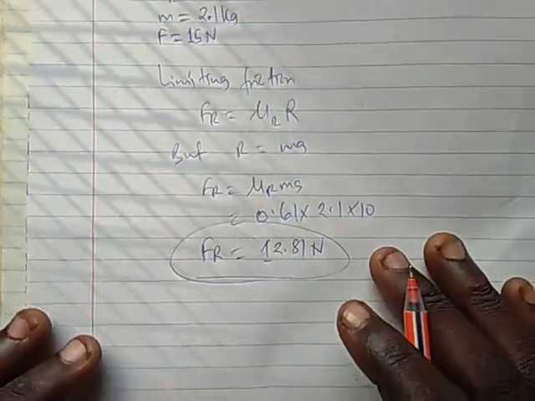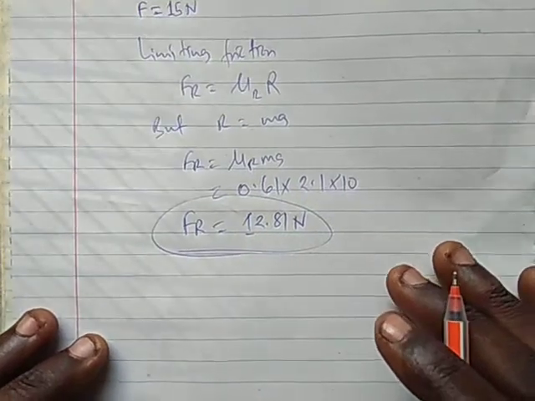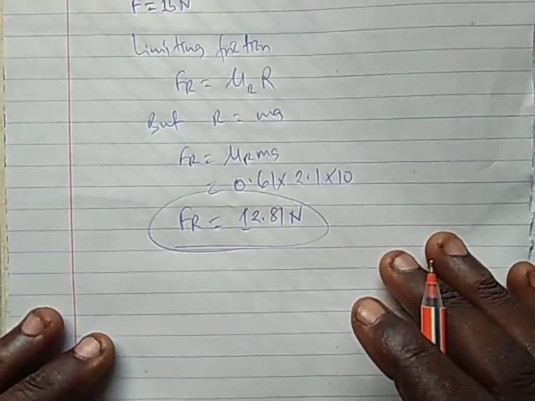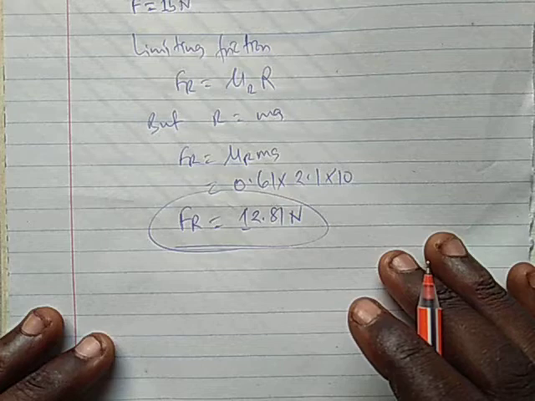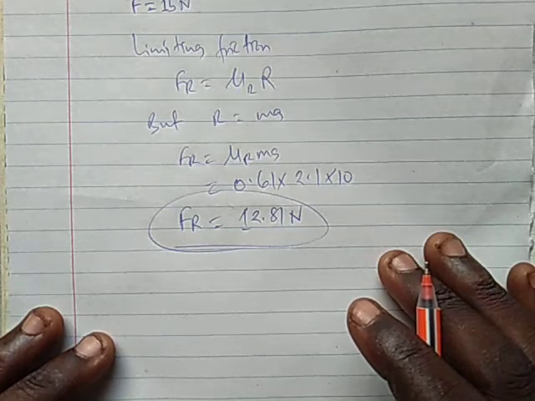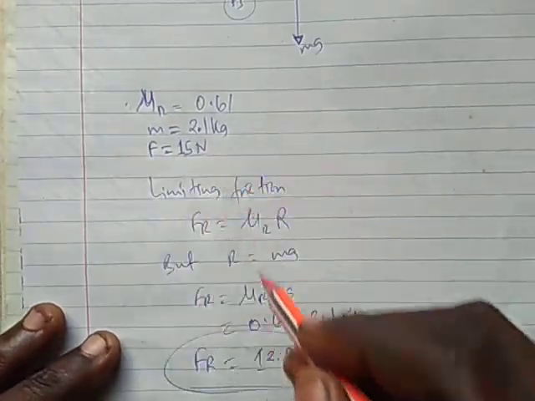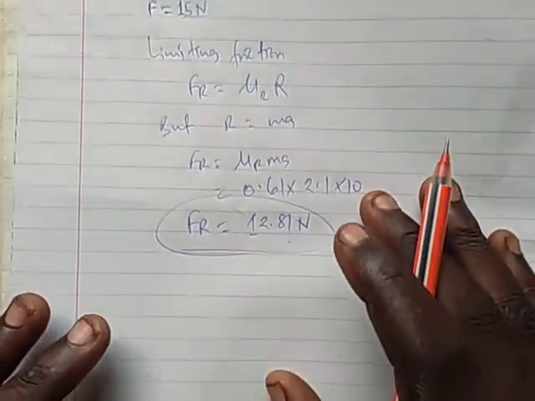That is the limiting friction force. Remember, the limiting friction is the maximum static friction force, which tend to prevent the motion of this block. Now, in case the applied force exceeds this, that means the block will move.